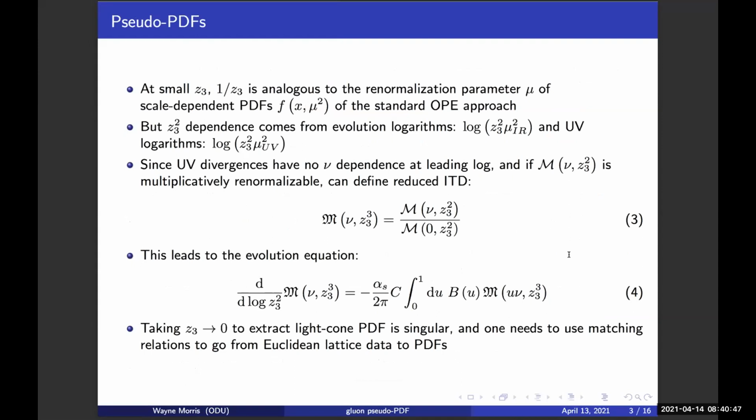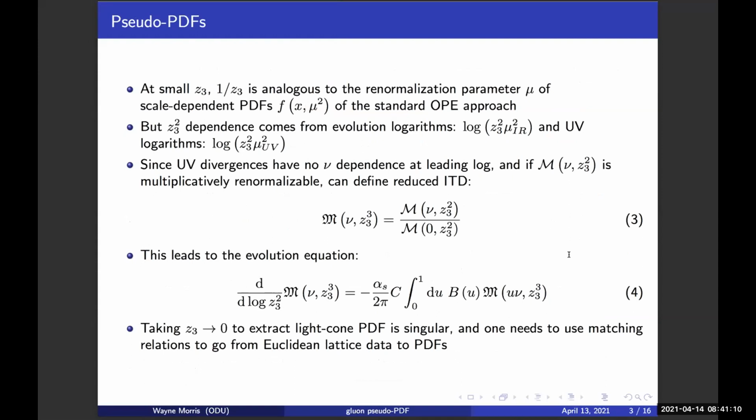So a feature of the pseudo PDFs at this small Z3 is that the inverse of Z3 is analogous to the renormalization parameter mu of the scale dependent PDFs from the standard OPE approach. The only issue arises from the fact that the Z3 squared dependence comes from both evolution logarithms and ultraviolet logarithms.